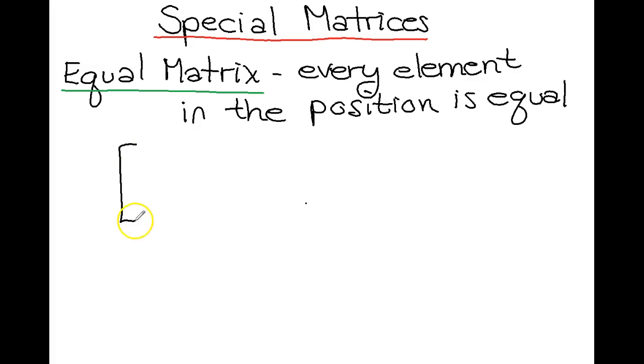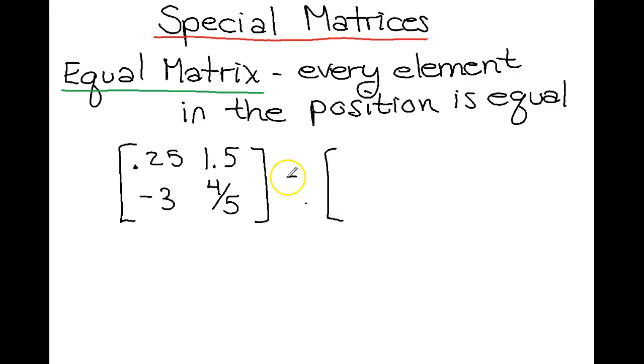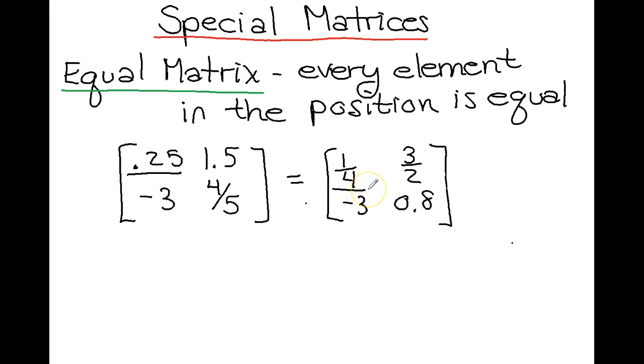So for instance, I could write this matrix right here, and I know that these two matrices are equal because I can represent some of these fractions and integers in other ways. 0.25 is the same as 1 over 4. 1.5 is the same as 3 halves. -3 are the same. And 4/5 is the same as the decimal 0.8.